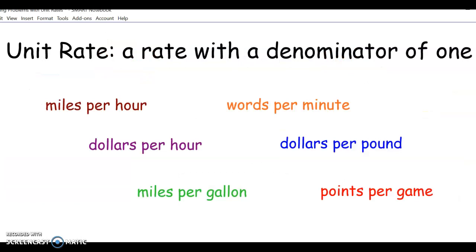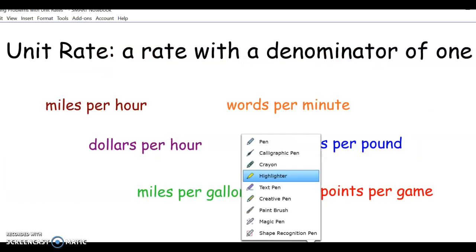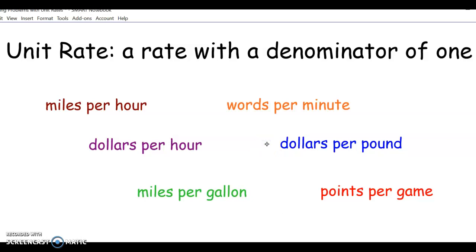Okay, so here are some examples of what unit rates look like. Miles per hour, dollars per hour, miles per gallon, words per minute, dollars per pound, points per game. There's tons of examples. And in each of these, I put the word per.